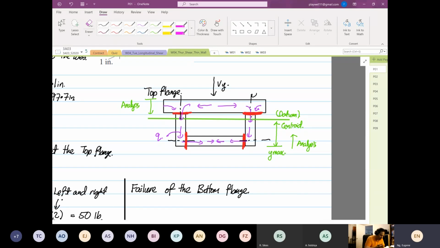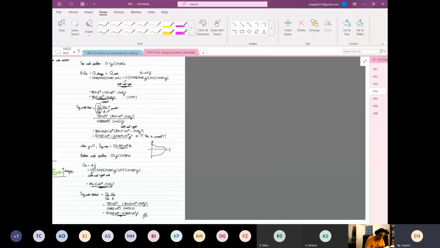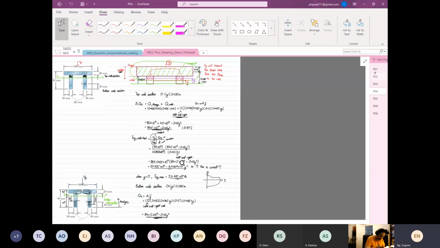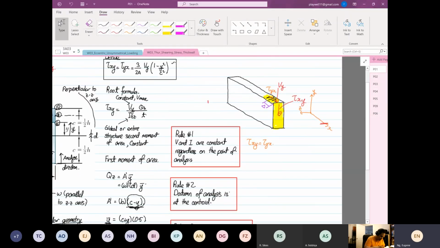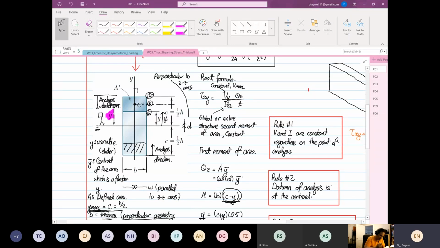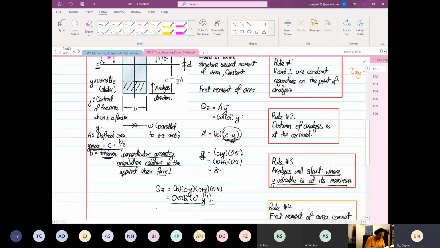So if we apply the rules like how we derived the expression on week 3, we derived the first moment of area from this expression. We set up the rules.